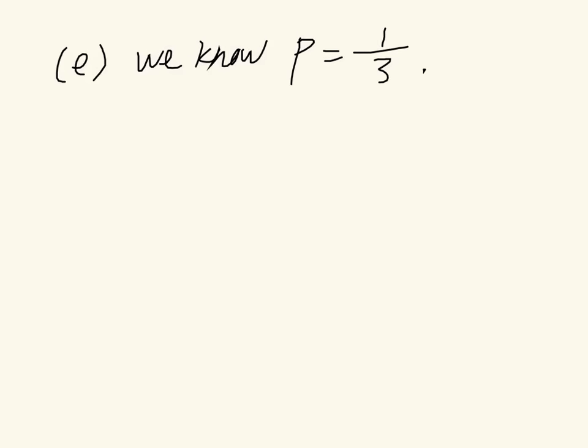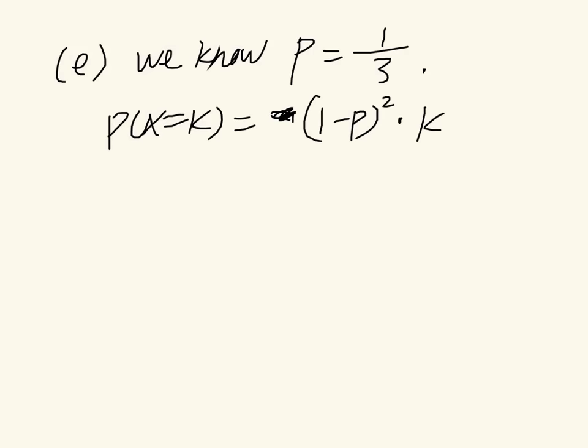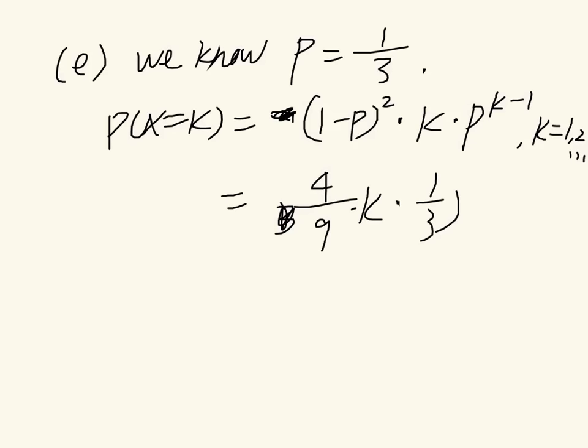So now we have P(X = k) equal to (1 minus p) squared times k times p to the power k minus 1, k equal to 1, 2, and so on, which is equal to 4/9 times k times (1/3) to the power k minus 1, k equal to 1, 2, 3, and so on.